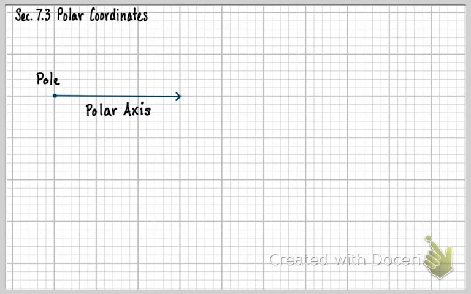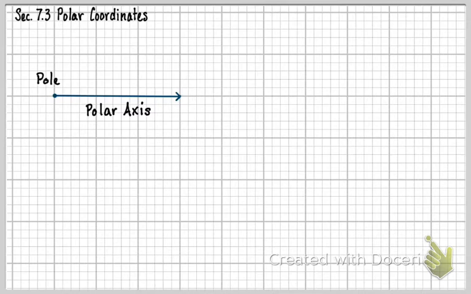Section 7.3, polar coordinates. The first thing we're going to talk about is the polar axis, which is what we see down here. This polar axis has a pole, and the pole is here at the end. Now, the way we view this in most cases isn't just this way. We usually think about the idea of the unit circle when we're talking about the polar axis.